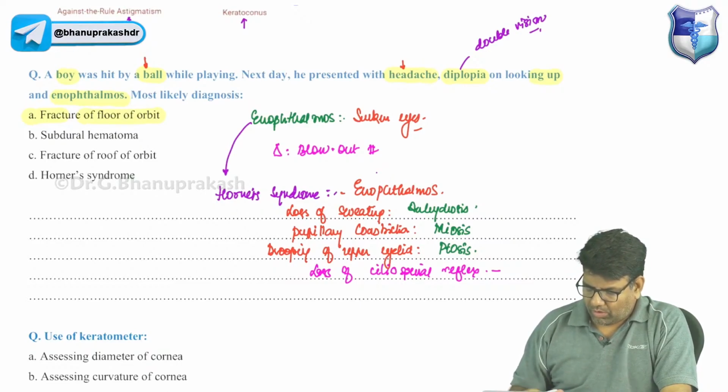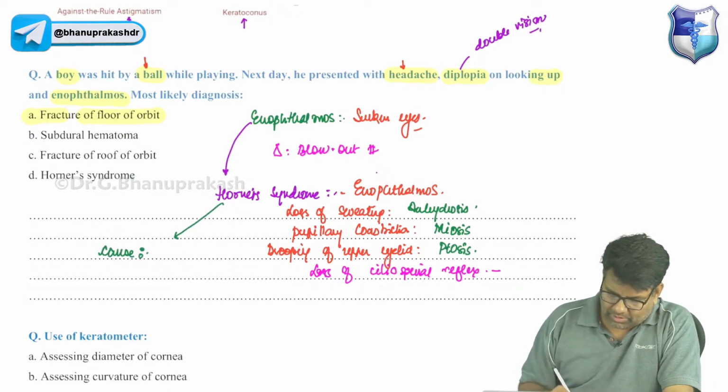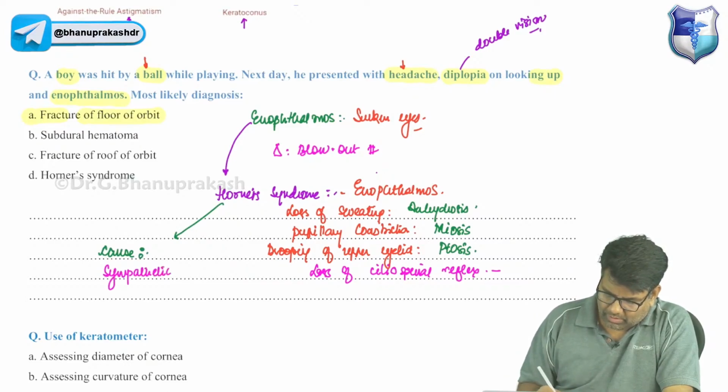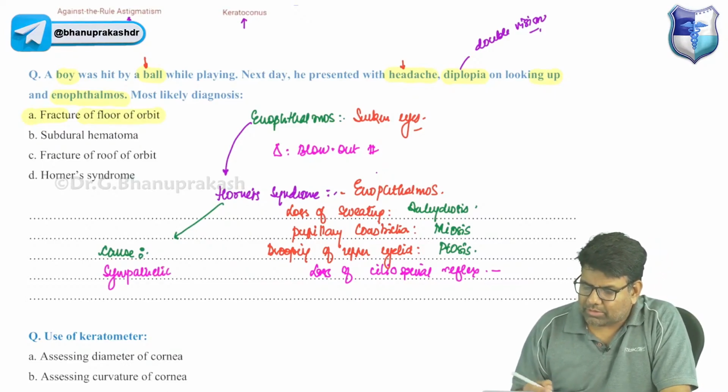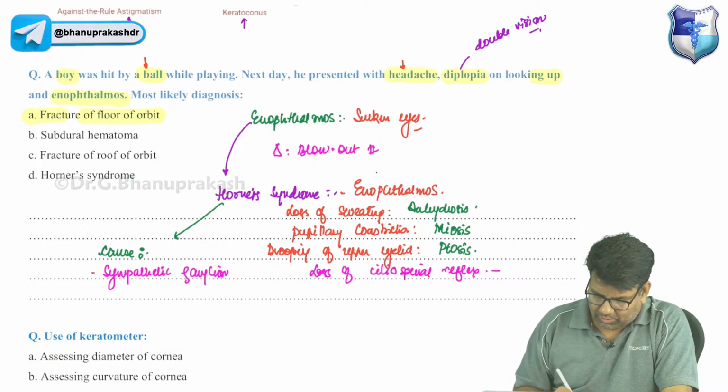Now, what is the cause of Horner syndrome? Any idea? What is the cause? Raghu says it is more related to sympathetic, yes, sympathetic ganglion injury. Yes, you can. Right.